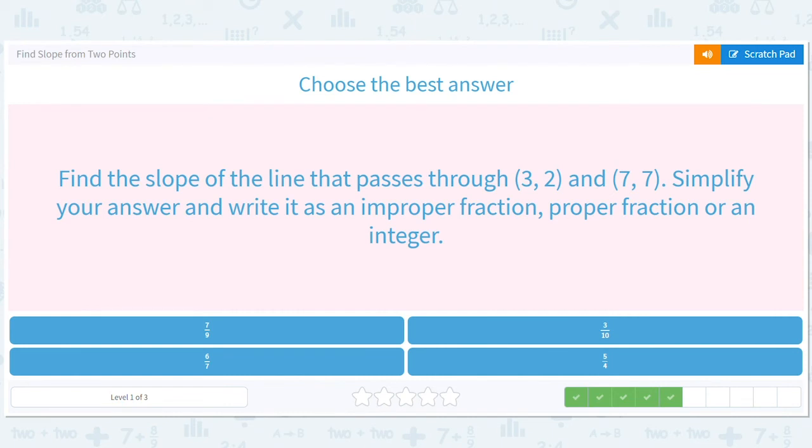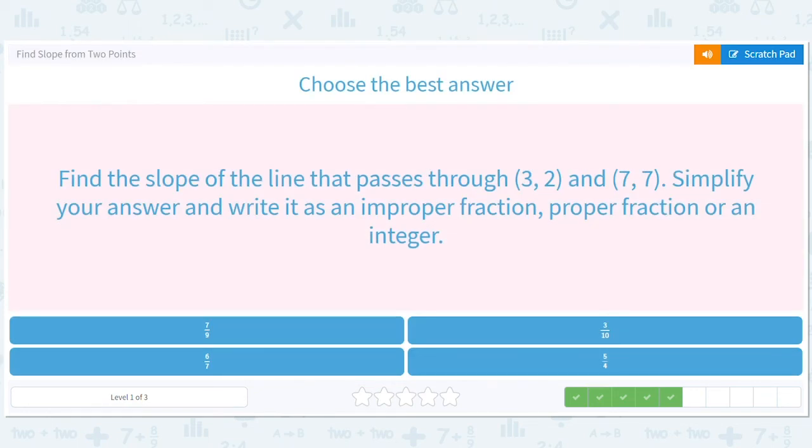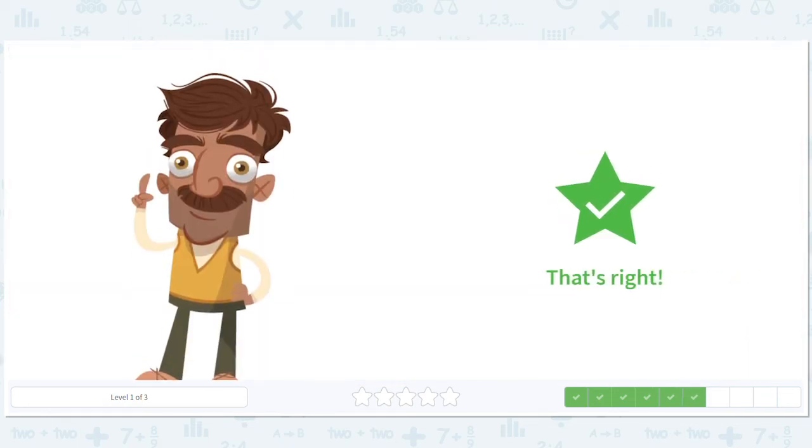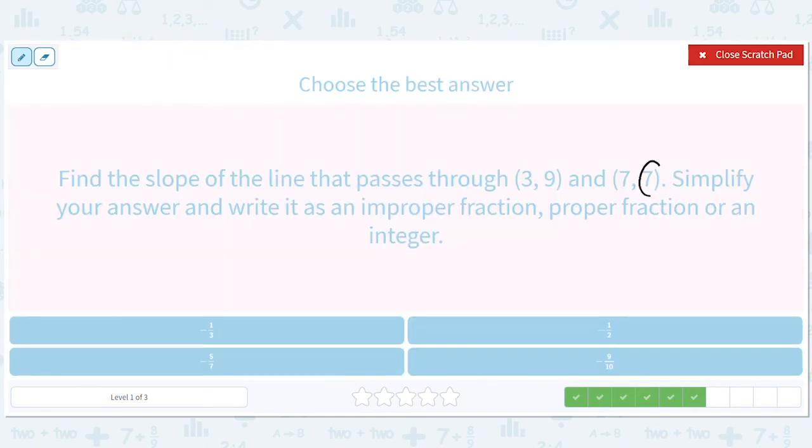Okay, I guess we can speed up a bit. 7 minus 2 is 5. 7 minus 3 is 4. So we end up with 5/4. Okay, 7 minus 9 is negative 2. 7 minus 3 is 4.